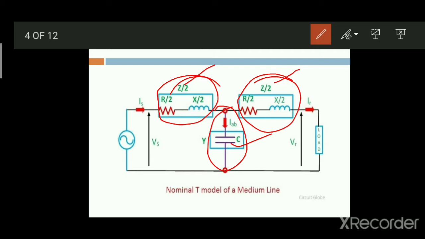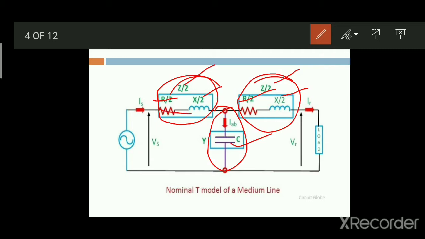Okay, we already know Z is equal to the resistance and the reactance. Z by 2 means we write R by 2 and X by 2, and also this Z by 2 means R by 2 and X by 2.